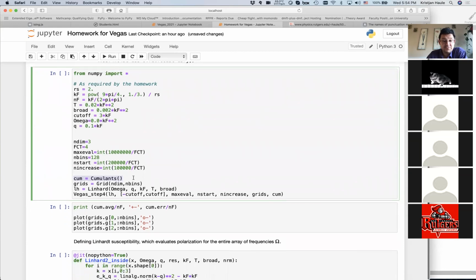I initialized the cumulants, I initialized the grids, I initialized this Slingheart class, and then I give this Slingheart class instead of the function, isn't it? Because the Slingheart class behaves as a function. And then the limits for the integration are between minus cutoff and cutoff, isn't it?